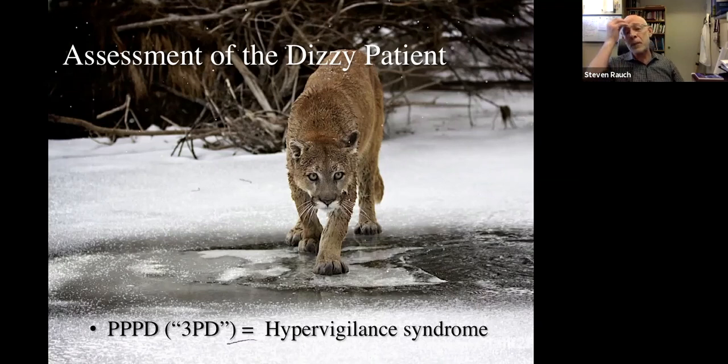We treat these patients with SSRI, SNRI, anti-anxiety medication. The definitive research study that showed efficacy was done by Mike Ruckenstein and Jeff Staab when they were both at University of Pennsylvania. Mike is still there.